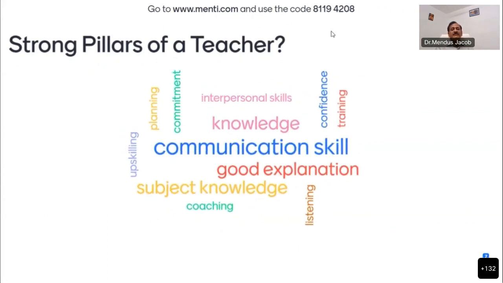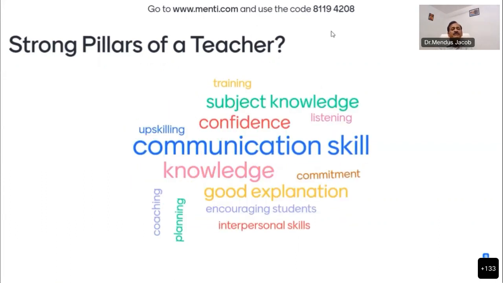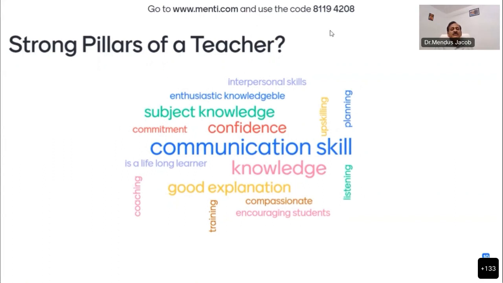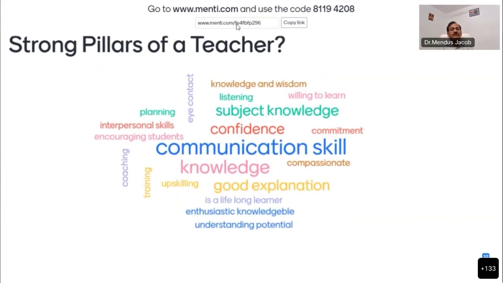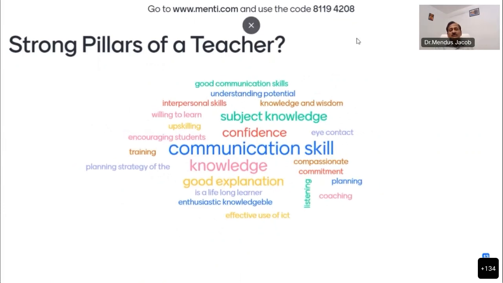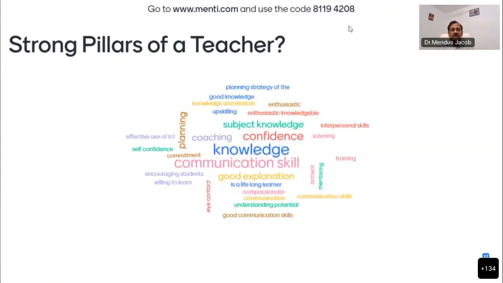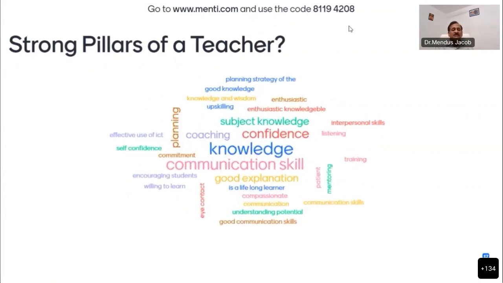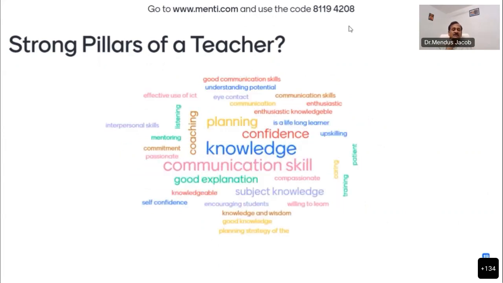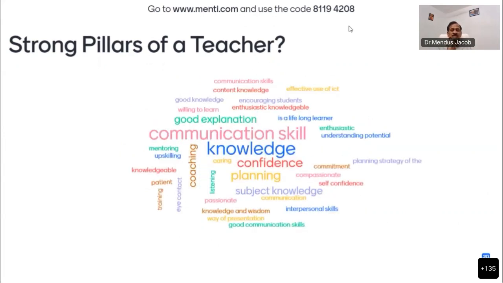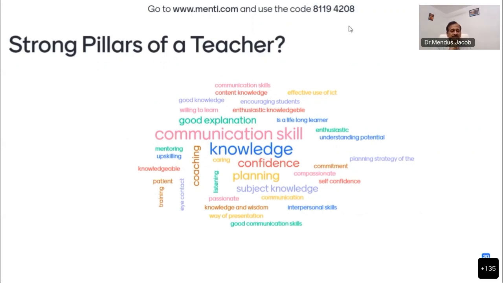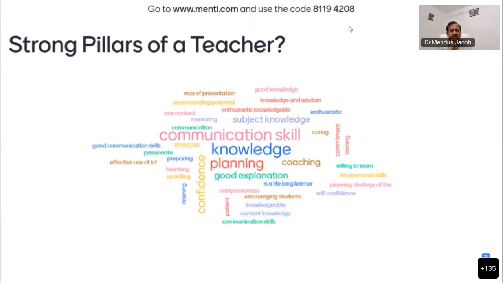Okay, you can click the link which is shared in the chat box, or you can go to www.menti.com and use the code at the top of the screen, 811-94208. So we are getting some responses like this: upskilling, knowledge and wisdom, planning strategy, good communication skills, effective use of ICT, mentoring.